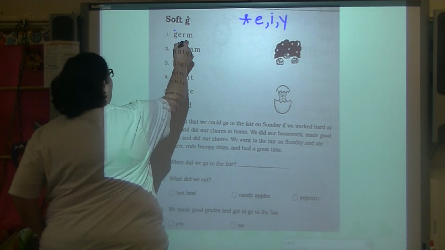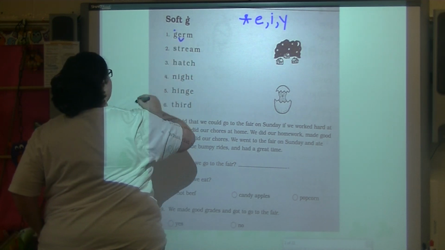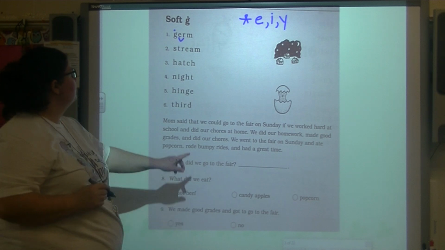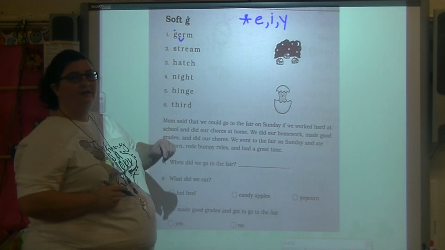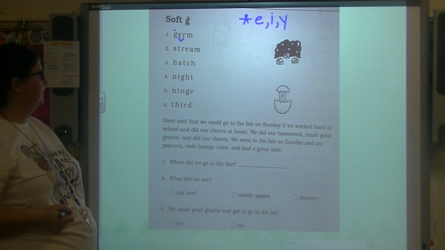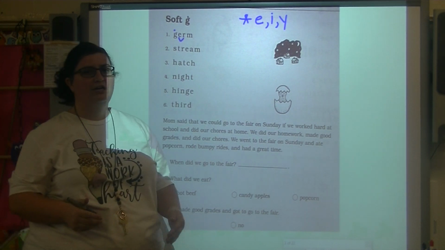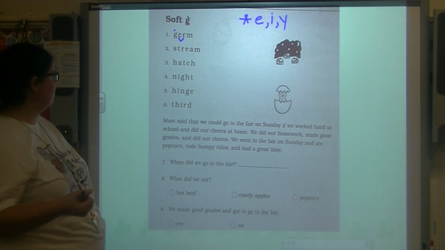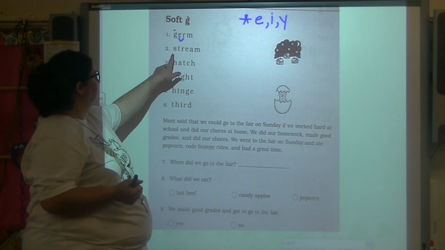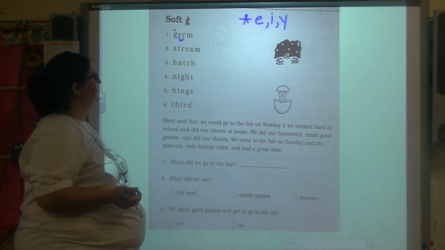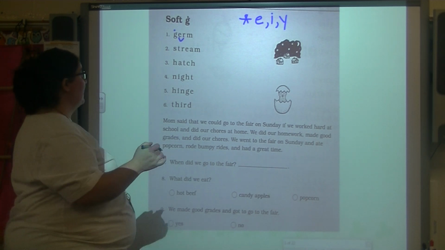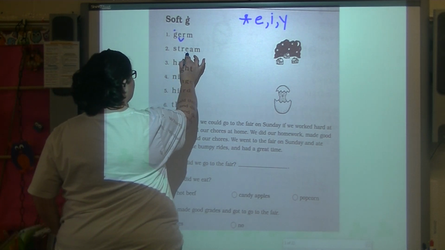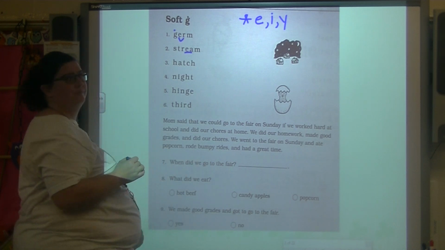All right, ER. It's a combination. What word? Germ. I will kill the germ with hand sanitizer. Germ. All right, the next word. Now we've got EA. We don't know which sounds yet. We've got to try them all.